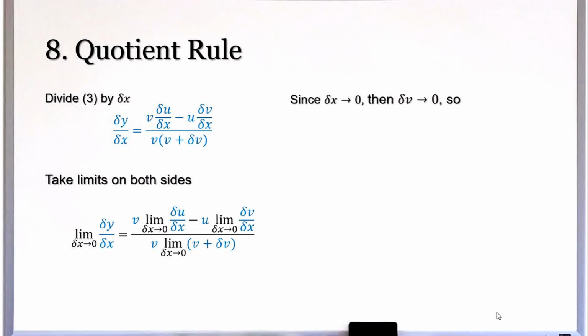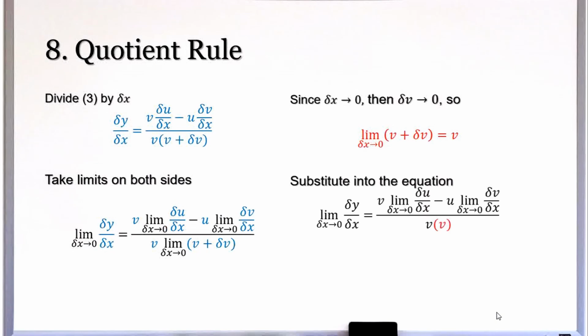Since delta x approaches 0, delta v also approaches 0 because v is a function of x. Then limit of delta x approaching 0 of v plus delta v will be v because v plus 0 is still v. We substitute into the equation earlier, so we will have v times v as denominator, which is equal to v squared.